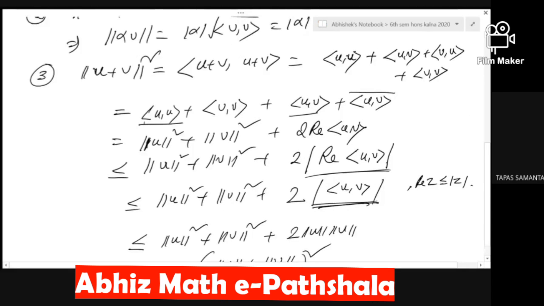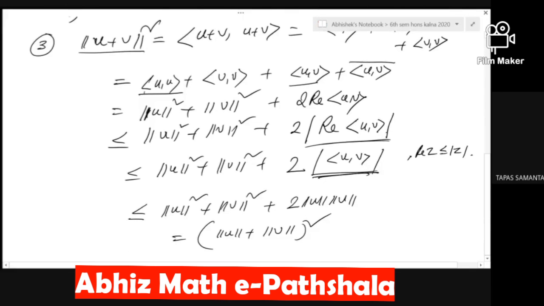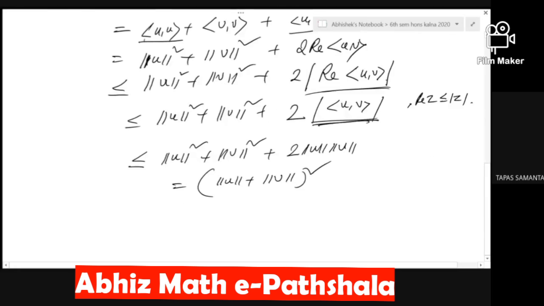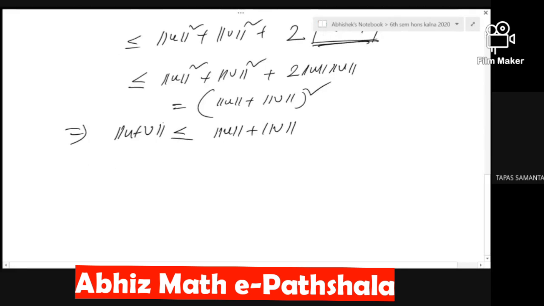So thus we have norm u plus v square is less or equal to norm u plus norm v square. That means taking the non-negative square root from both sides, we have norm u plus v is less or equal to norm u plus norm v. So this is called the triangle inequality for the norm in an inner product space.